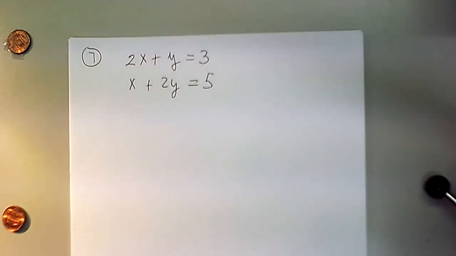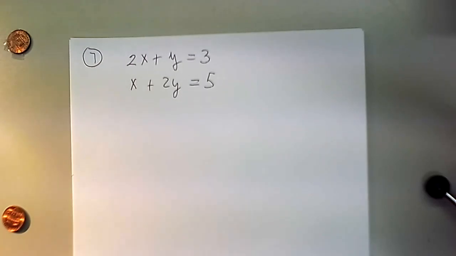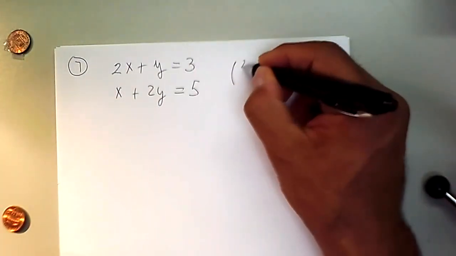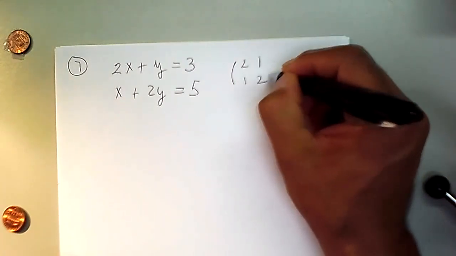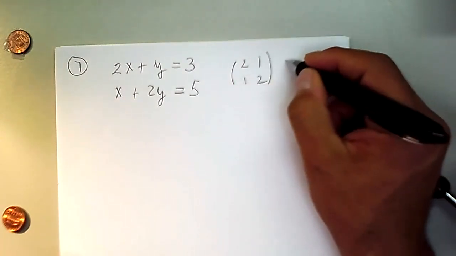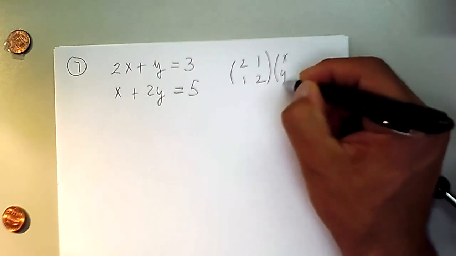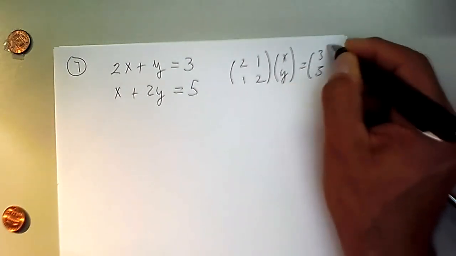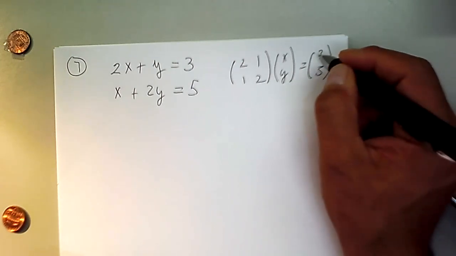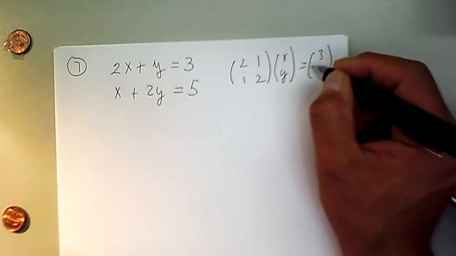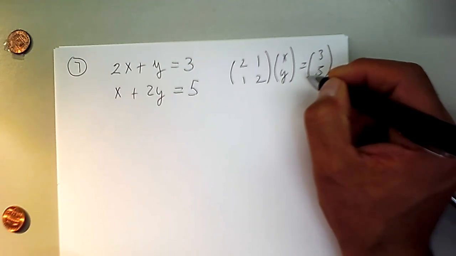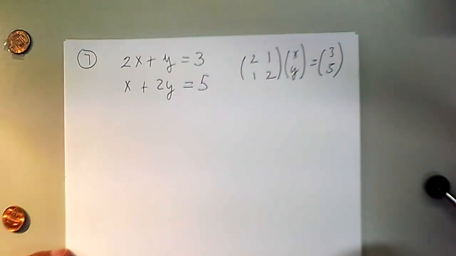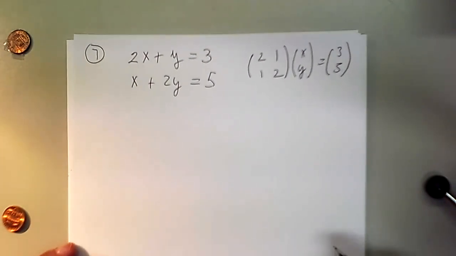Nice. Which, by the way, is the same thing as the matrix 2, 1, 1, 2, times x, y, equals 3, 5. I just realized we may not end up with whole numbers in the solution, but that's okay. We can survive without whole numbers, with fractions.